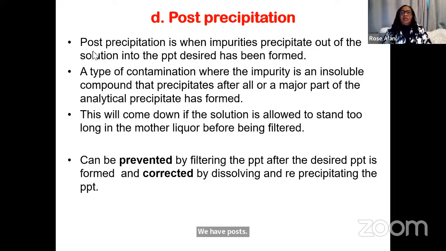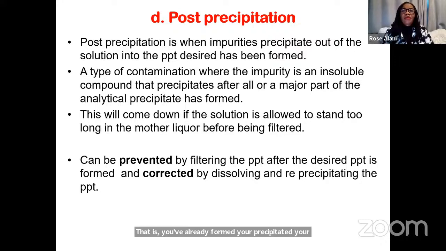Then we have post-precipitation, which is another form of co-precipitation. This is when impurities precipitate out of the solution onto the desired precipitate. That is, you've already formed your precipitate, but in the solution where your precipitate is, there are some impurities.